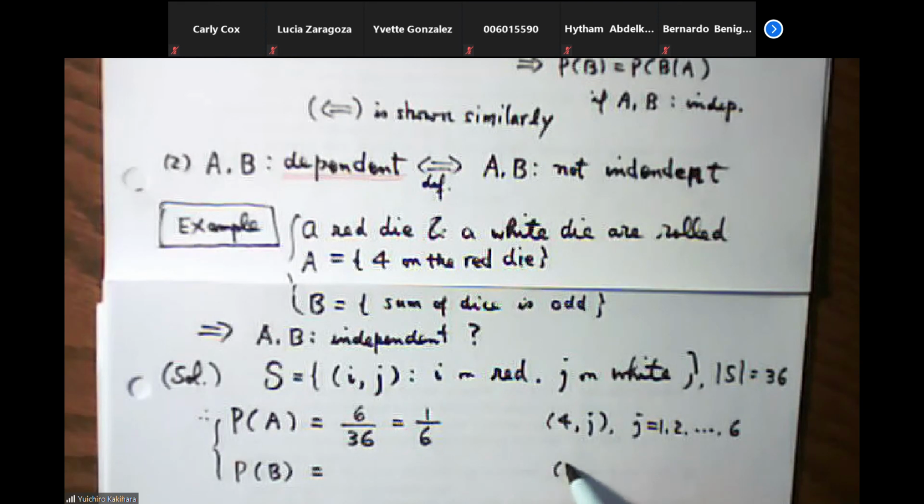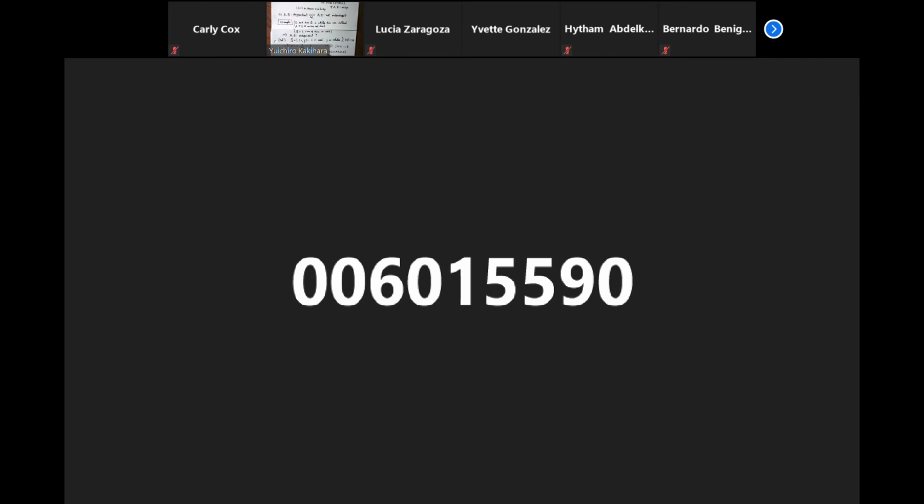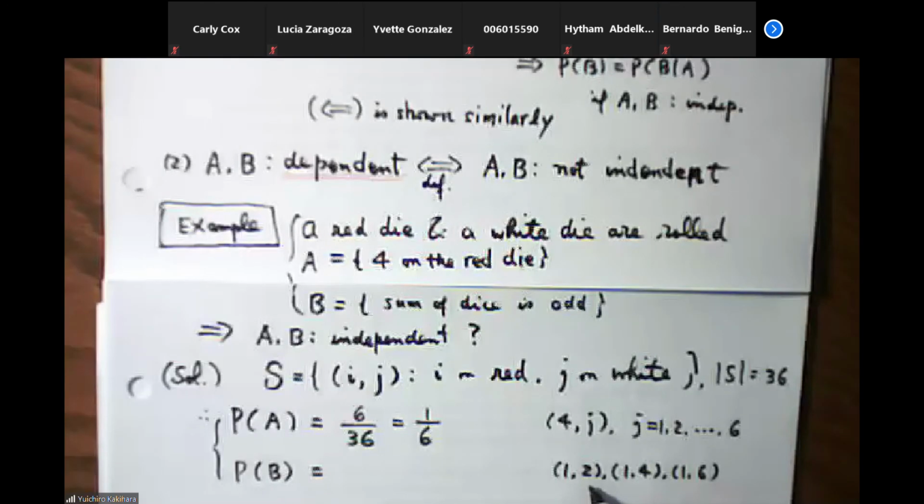If the first one is 1, then the second, white one, must be 2, 4, or 6, right? If 2 is the red one, then the white one must be 1, 3, or 5. Is that right?